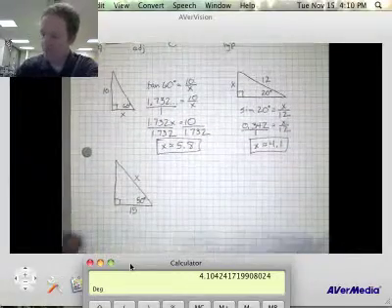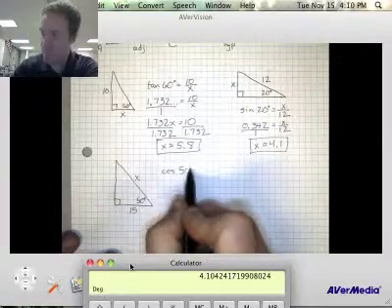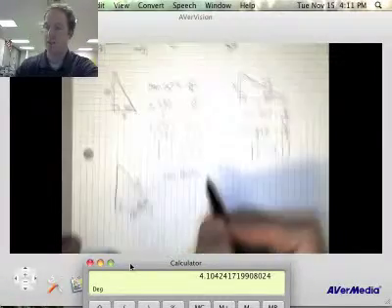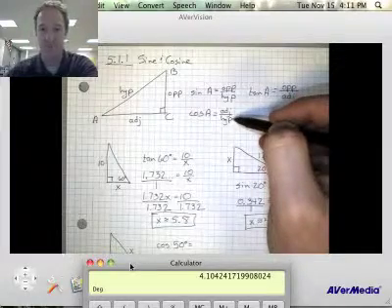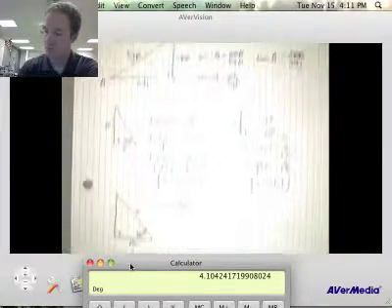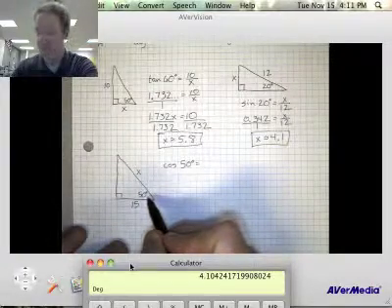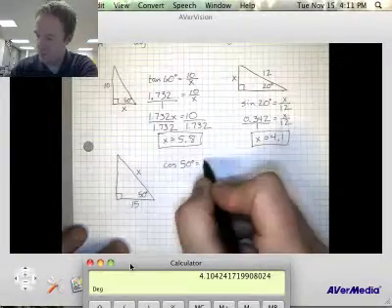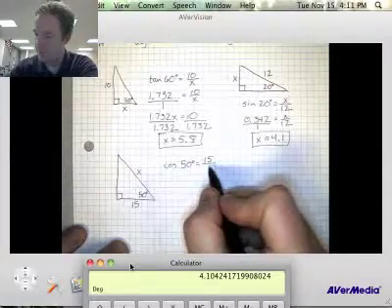So in this problem, we would say the cosine of 50 degrees equals, now cosine is adjacent over hypotenuse. So the adjacent side to this 50-degree angle is 15, and the hypotenuse is x. So we'll put 15 over x.